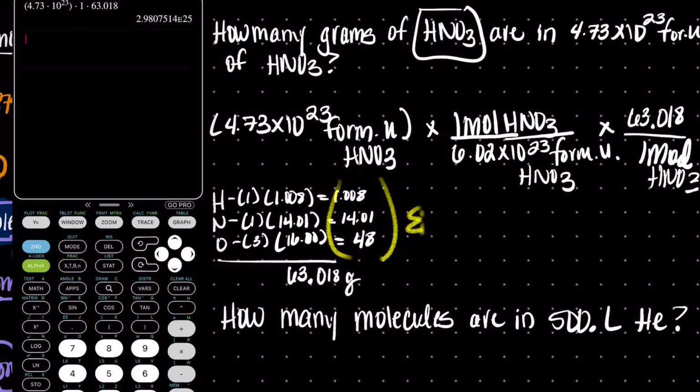Now what I've got going on in the bottom, I've got an imaginary 1, Avogadro's number, and another 1. So I'm going to just divide by parentheses 1 times parentheses 6.02 times 10 to the 23rd, close up parentheses, over and close up parentheses, times 1.